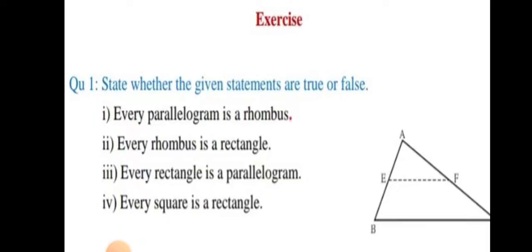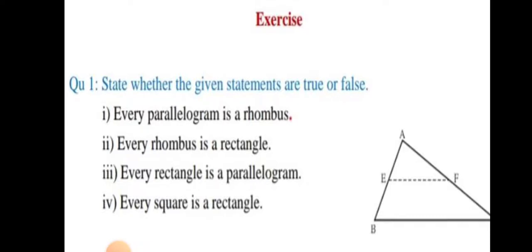Next, now today's exercise. Question number first: state whether the given statements are true or false. First is every parallelogram is a rhombus. Second, every rhombus is a rectangle. Third, every rectangle is a parallelogram.